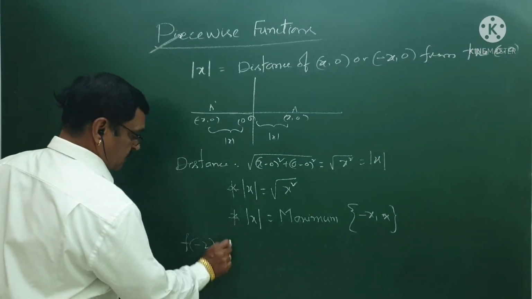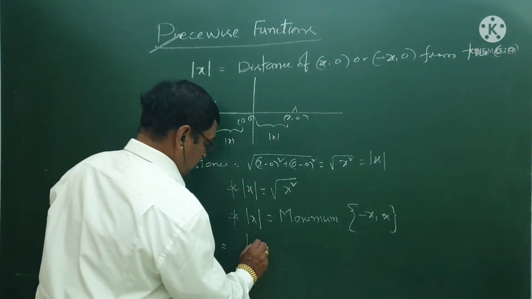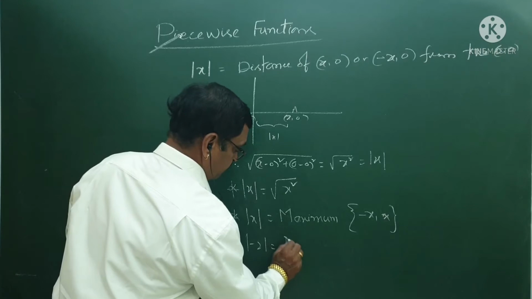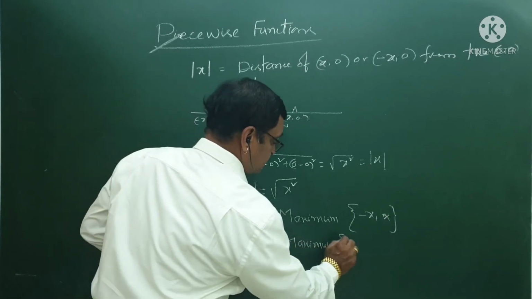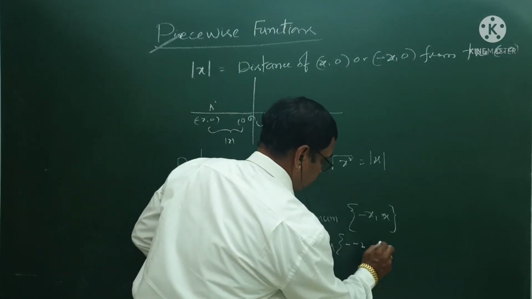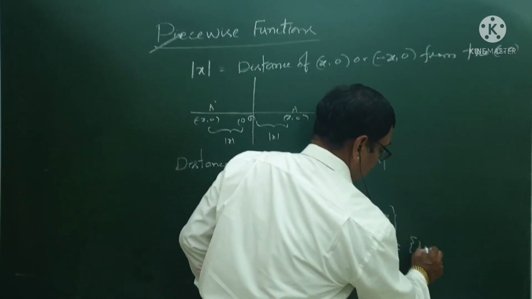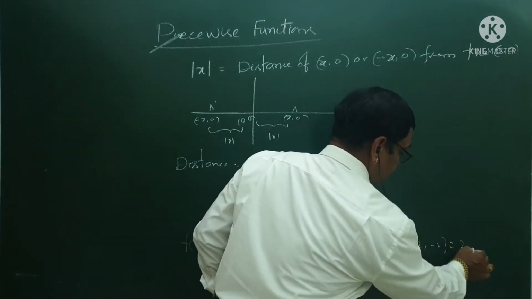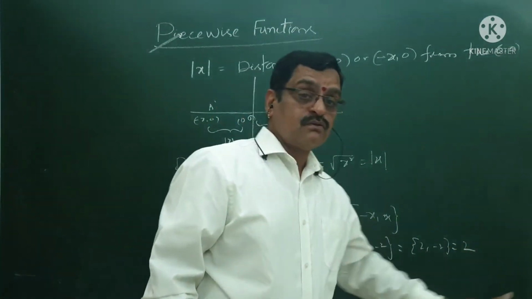F of minus 2, or you can say mod of minus 2, is equal to maximum of minus 2 and 2, which is equal to 2. Therefore, f of minus 2 is equal to 2.